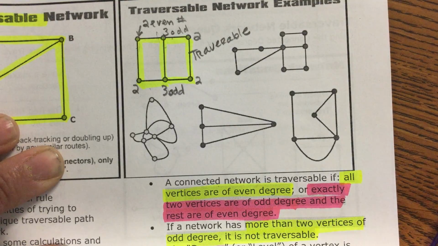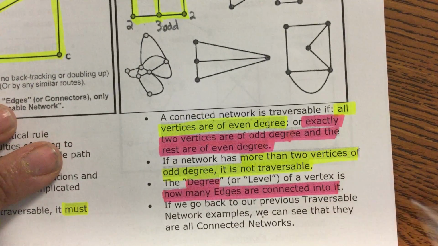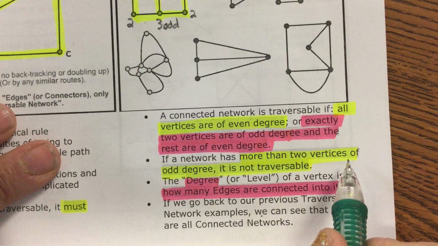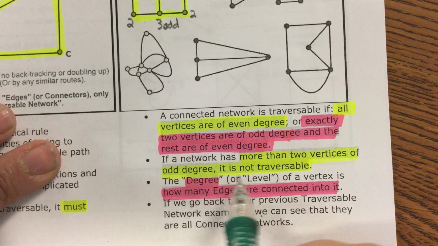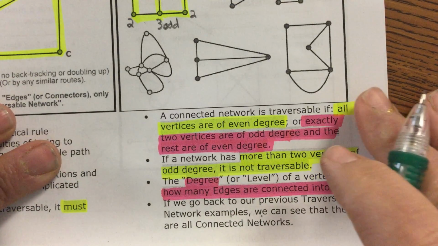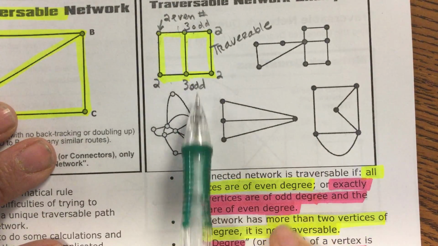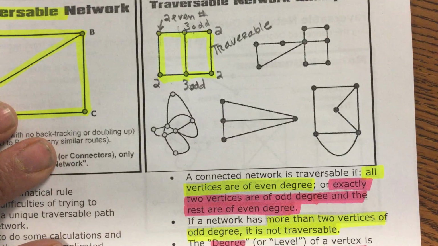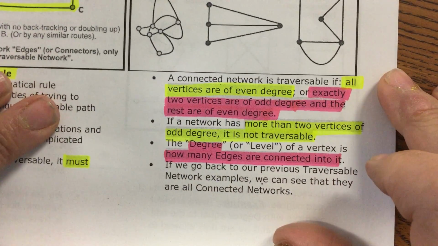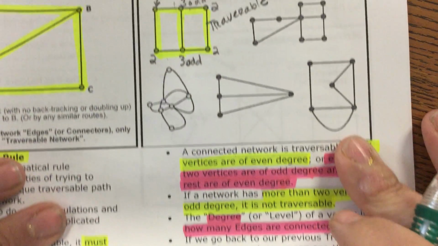These are going to get a little more complicated, so we're going to keep following these rules. Another rule: if more than 2 vertices have odd degrees, then it is not traversable. So if at any point I have more than 2 odds, it is not traversable. We talked about what the degree is. That's how many edges go into each of these.